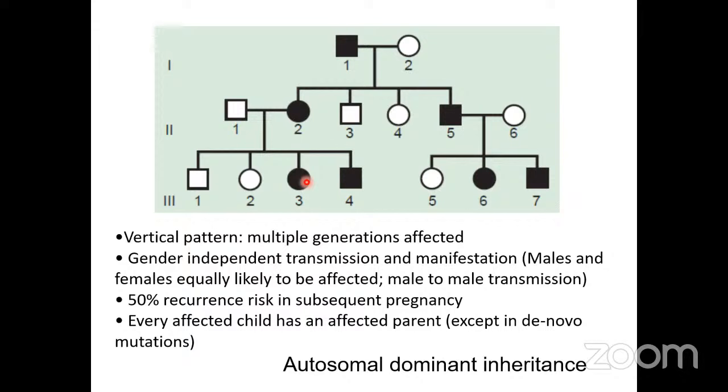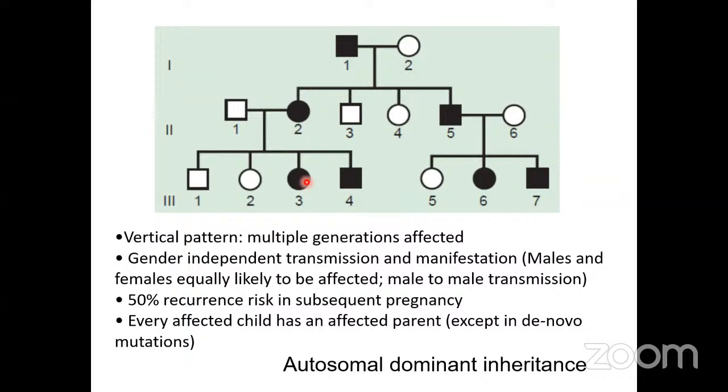If the mutation is de novo and the parents are unaffected, then it's likely that it started in the child, and the risk in the subsequent pregnancy is 0. Understand? For example, achondroplasia. Achondroplasia is an autosomal dominant condition with 100% penetrance.